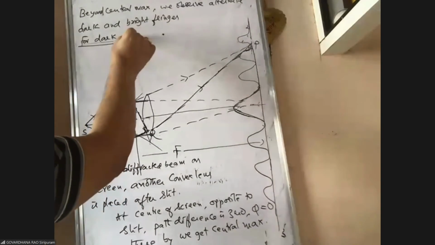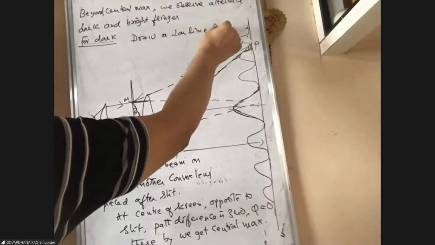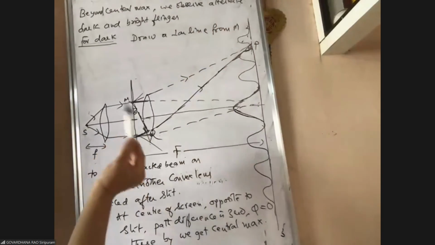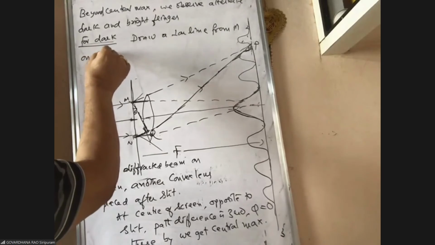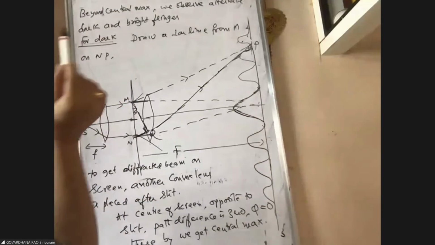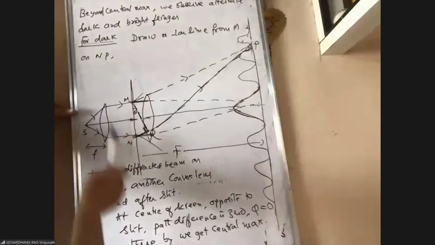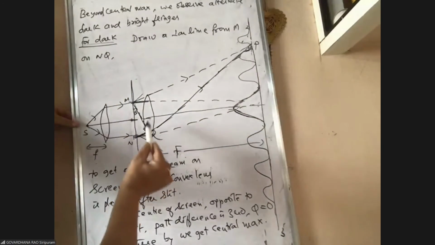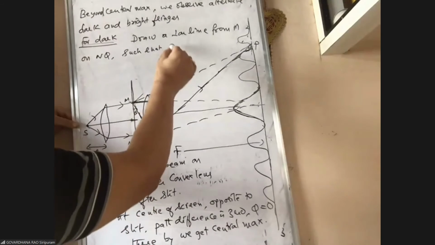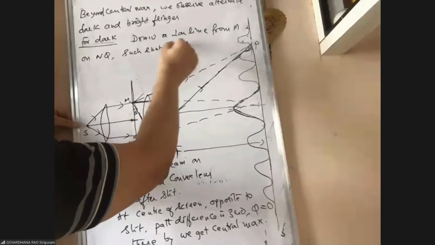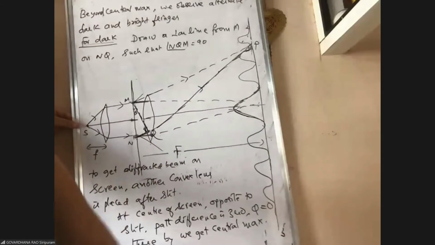So draw a perpendicular line from M on NP, or rather NQ, such that NQM is 90 degrees.